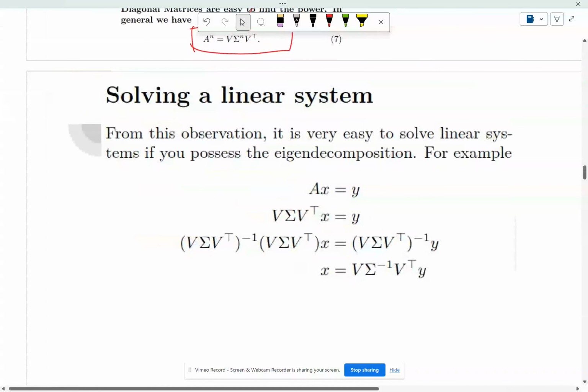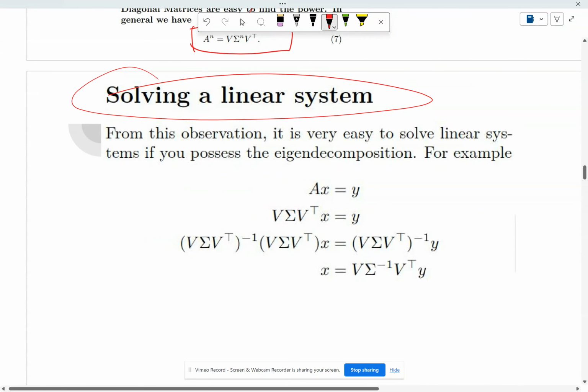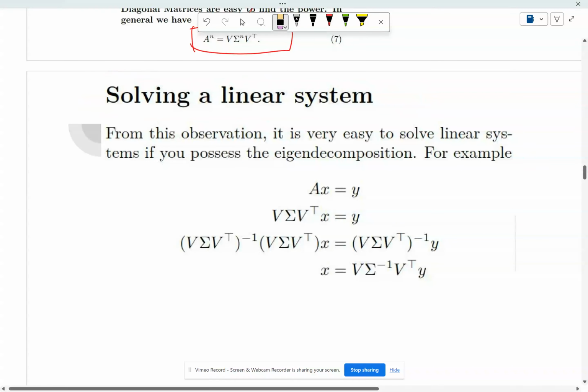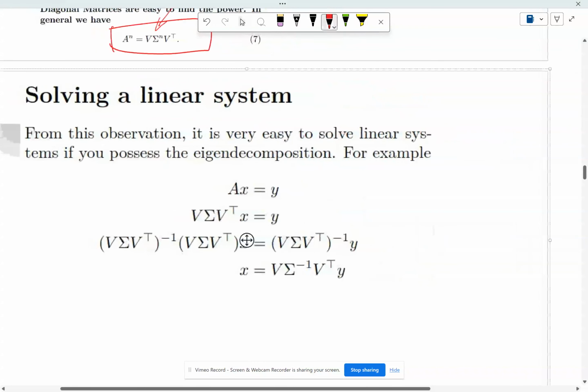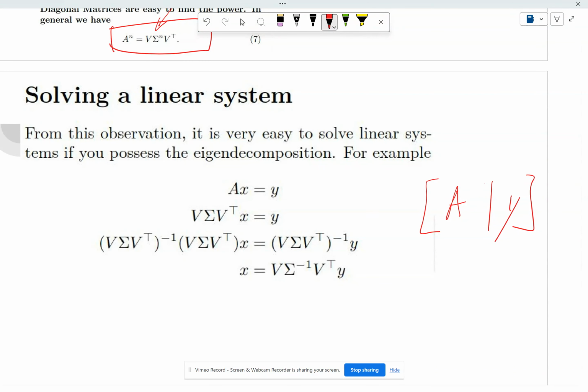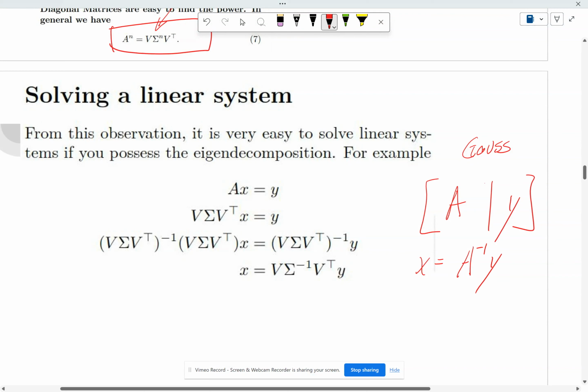Now, eigendecomposition also makes life easier with solving linear systems. So previously, we had this thing called the augmented matrix, A, y. We have the augmented matrix, and we can solve it with Gaussian elimination. But then later on, we found another way, that x is equal to A inverse y.